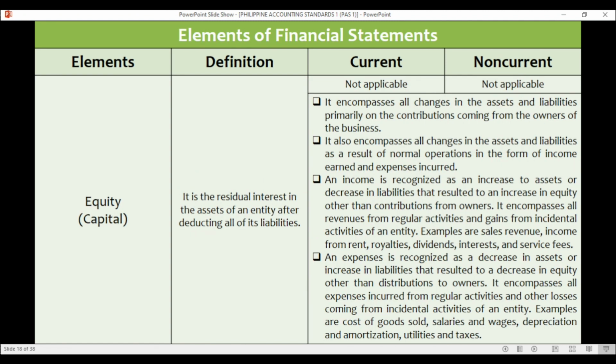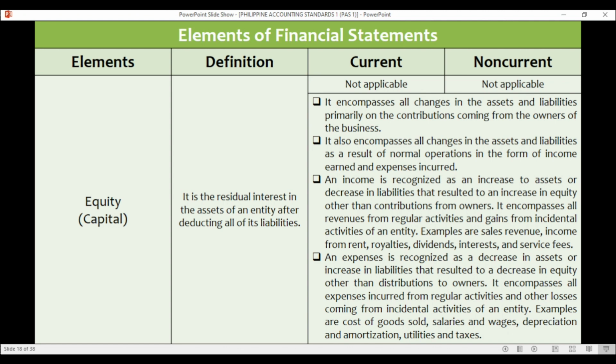So for the equity or capital, actually equity or capital is the residual interest in the assets of an entity after deducting all of its liabilities. The classification as to current or non-current is not applicable for this element. Your equity encompasses all changes in the assets and liabilities, primarily on the contributions coming from the owners of the business.